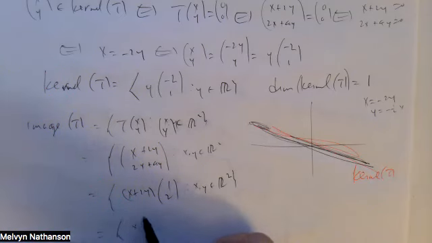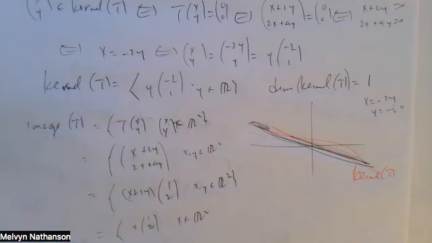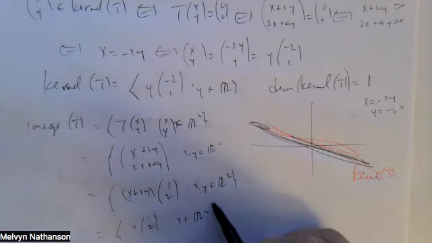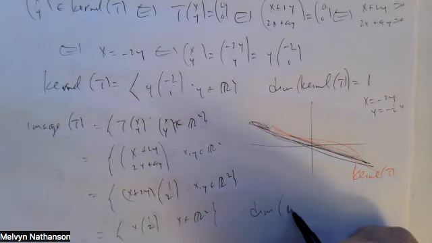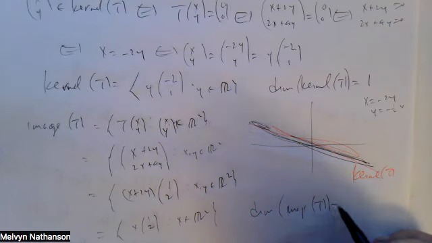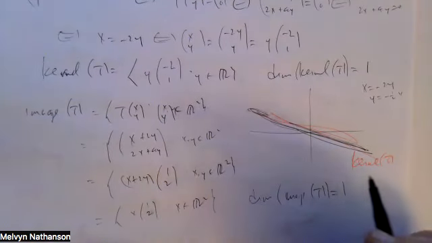This is the set of all x times (1, 2) for all x. So the dimension of the image of T is also 1.